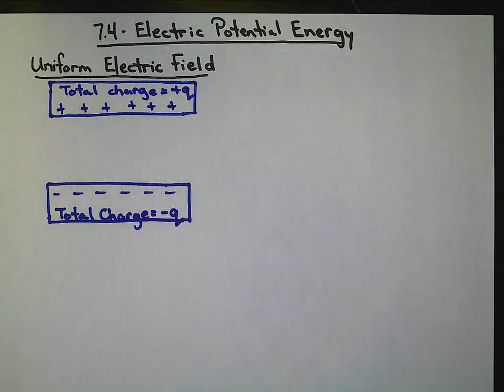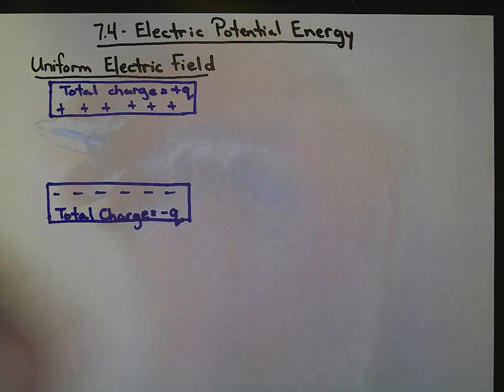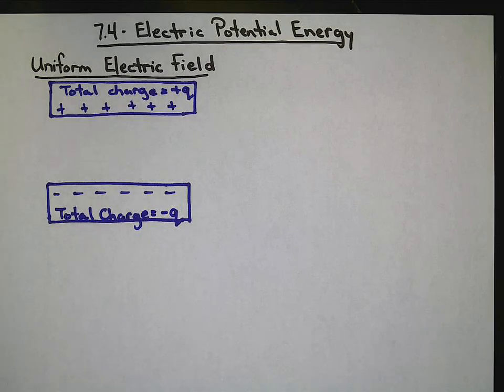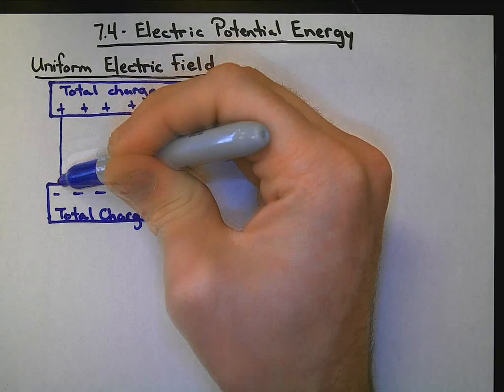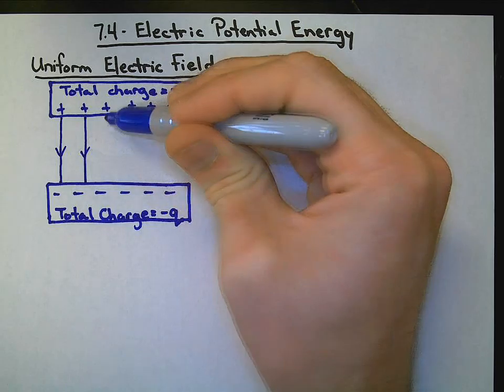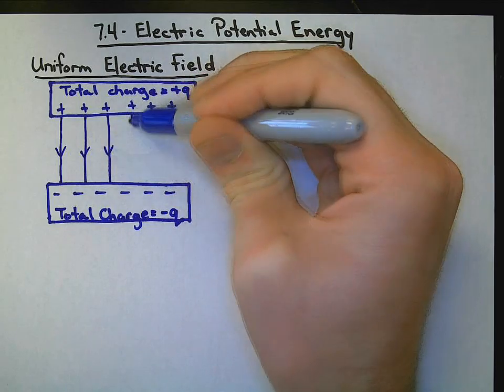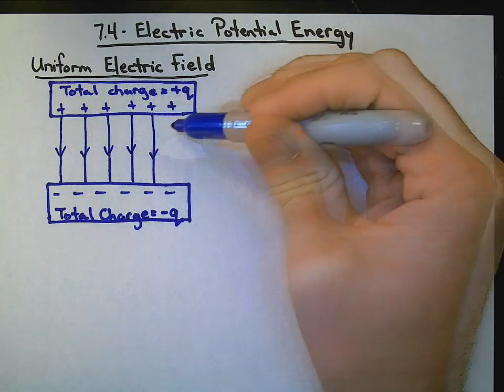Because of these opposite charges and the law of electric charges, we know that there will be an electric field that exists between these two plates, and it will go towards the negative charge. And we use the field lines to show this.